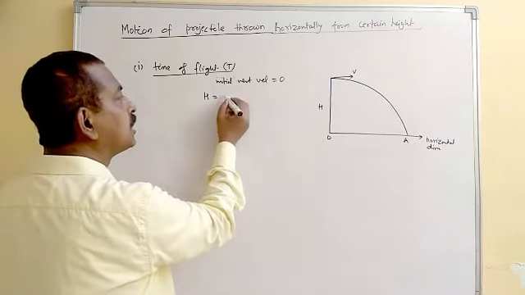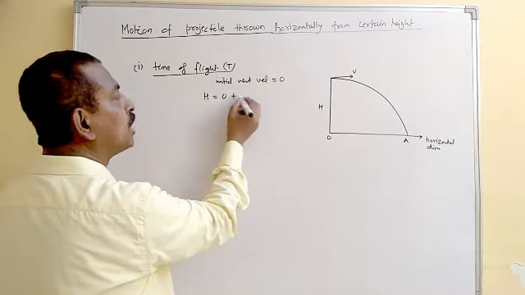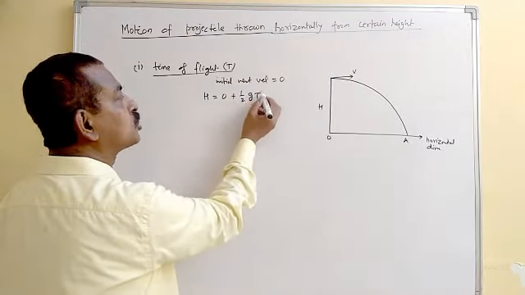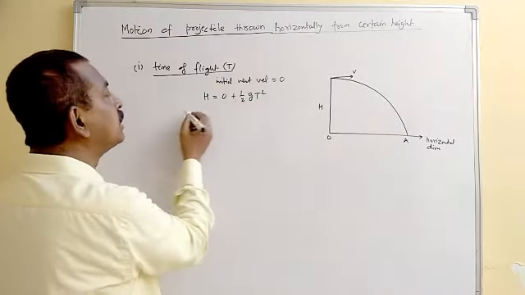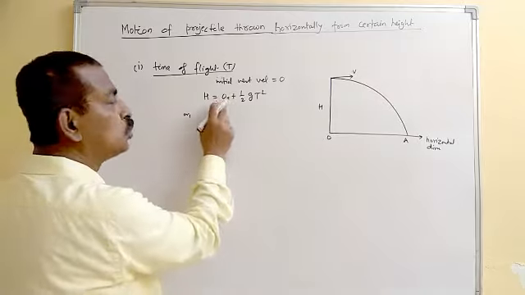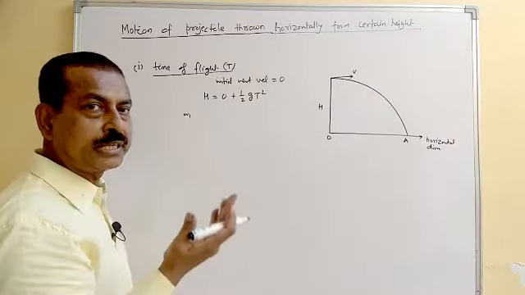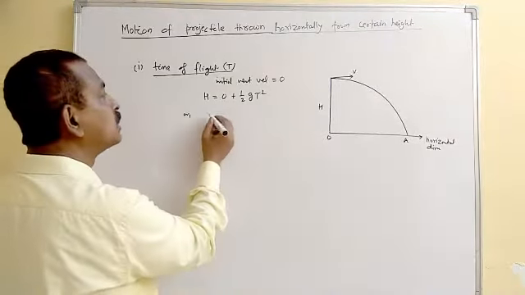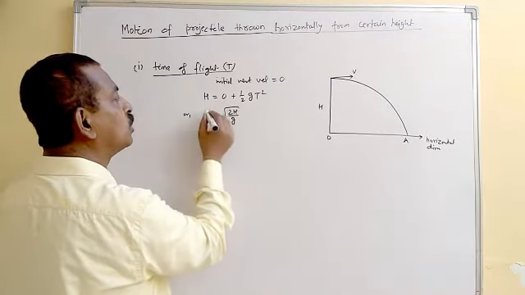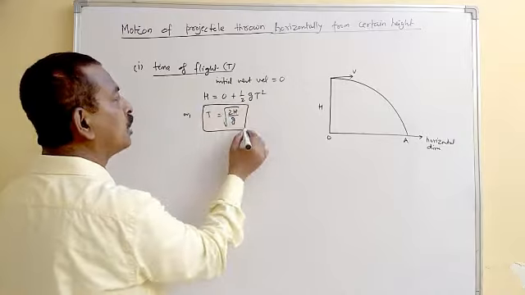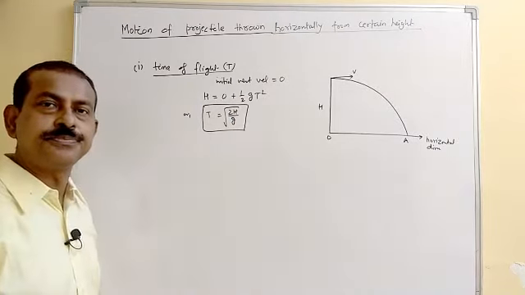So it is 0 plus half g t square, because we are using s equals u t plus half a t square. This u term, which is the initial vertical velocity, is 0. So t will be equal to square root of 2h by g. This is the expression for time of flight.